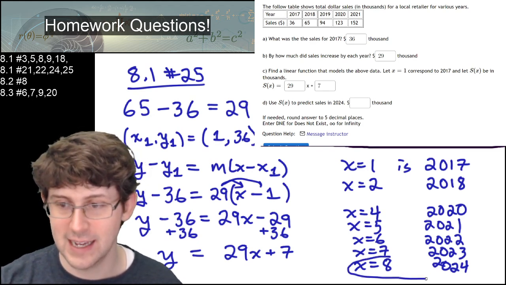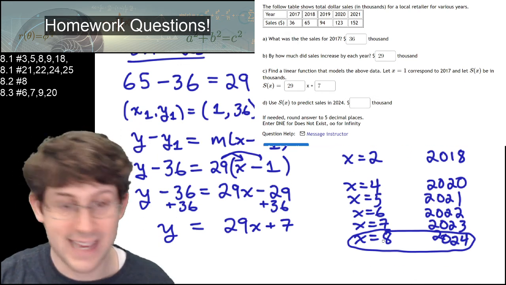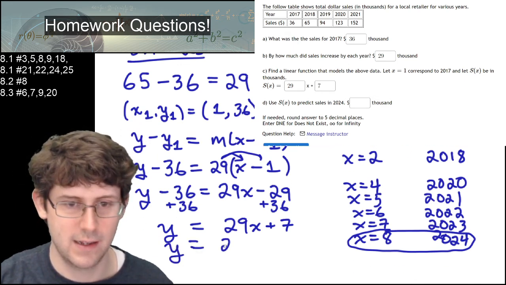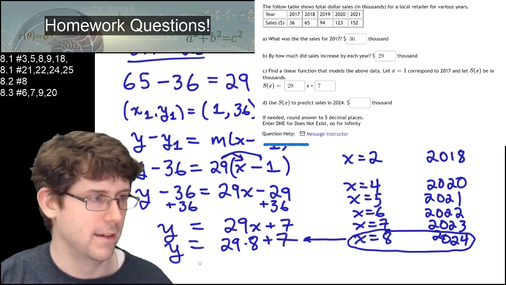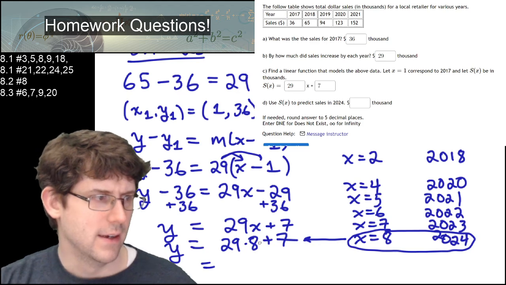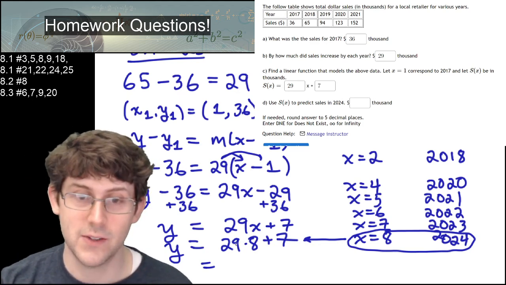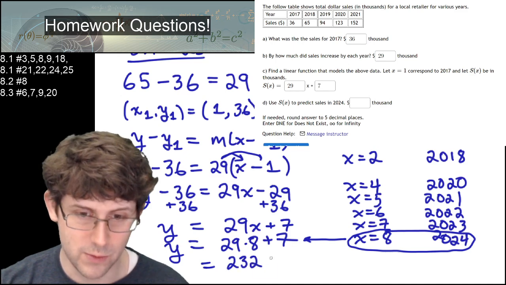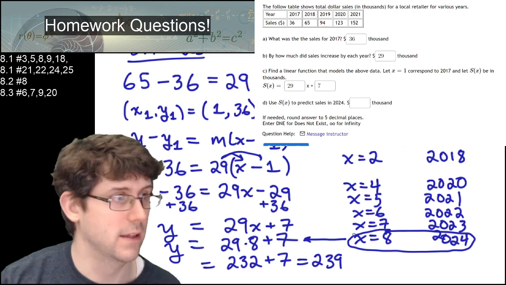So for part D, x equals 8 goes with 2024. So I will plug 8 in for x to get my answer. 8 times 30 would be 240. So this is 232. So in total, I get 239.